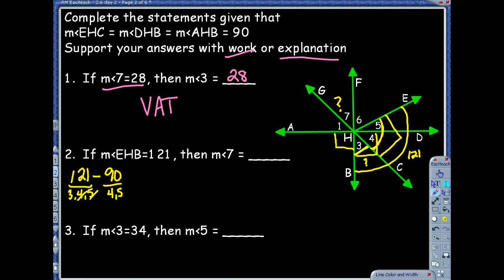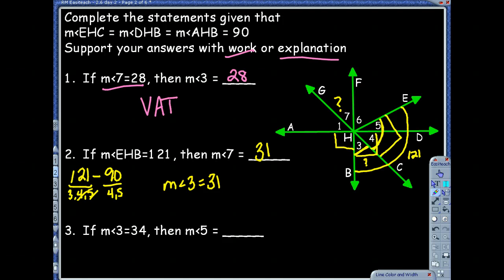So what did you find when you took 121 minus 90? It's going to be 31. That's the measure of angle 3. I wanted angle 7, but I already said angle 3 and angle 7 are congruent, because of the vertical angle theorem. Is that something I should state in my work or explanation? I think that's great.